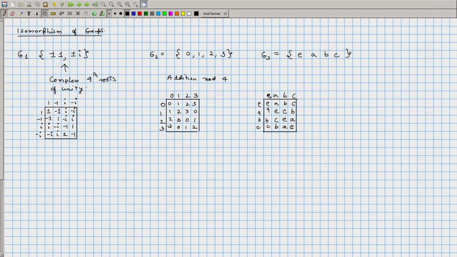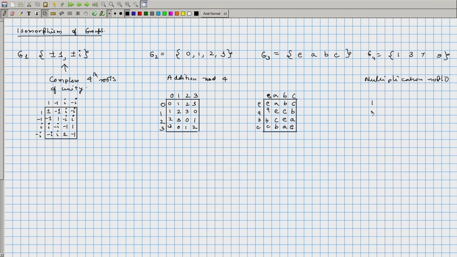The fourth group that we will consider is the elements 1, 3, 7 and 9, and the operation that we are considering here is multiplication mod 10.